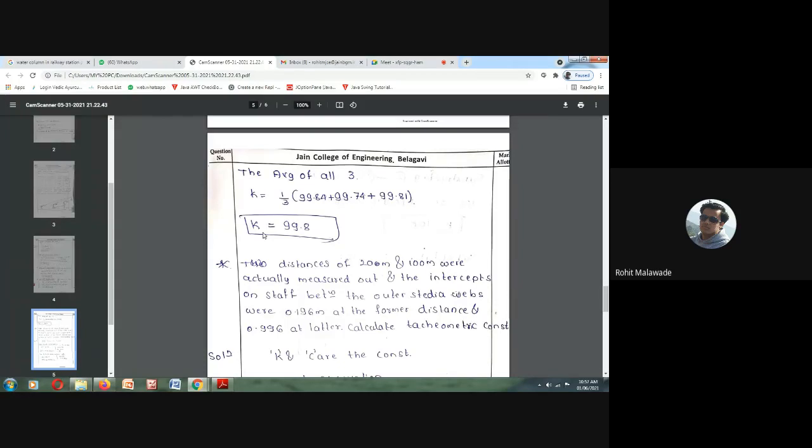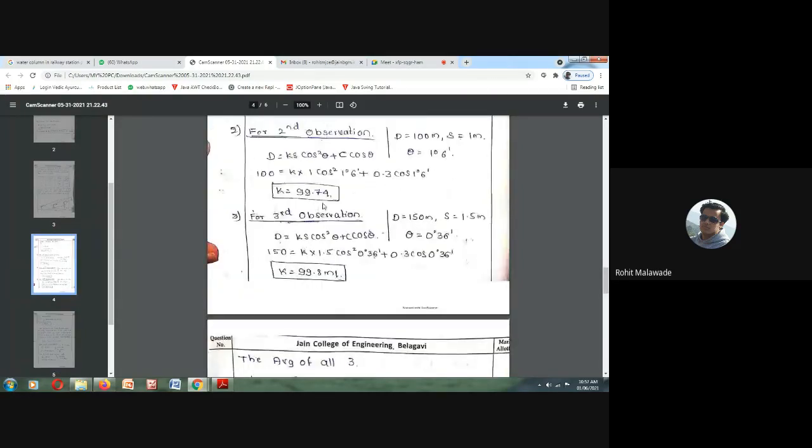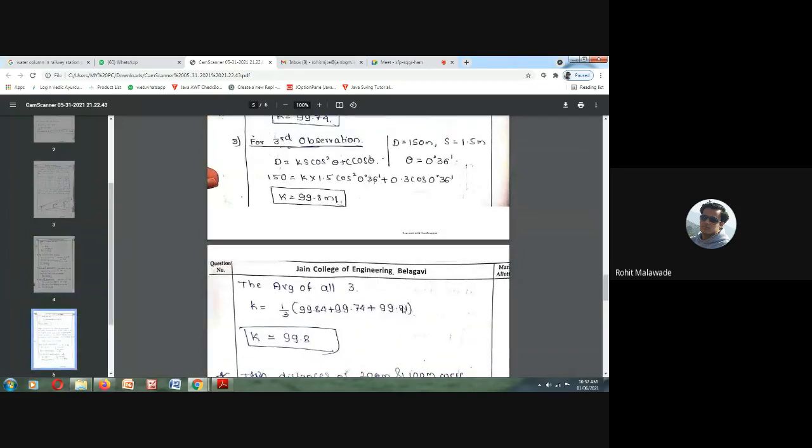So we add 99.84 plus 99.74 plus 99.8. The multiplying constant K for that particular problem comes out as 99.8.